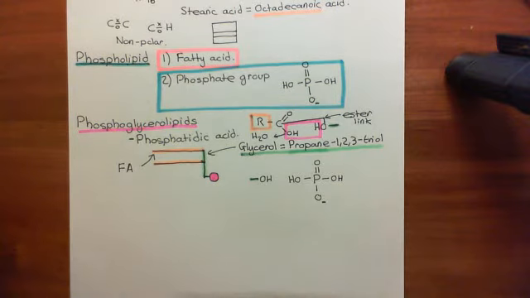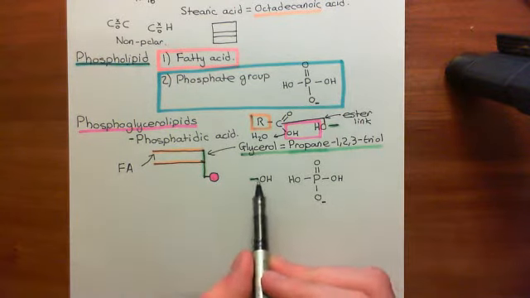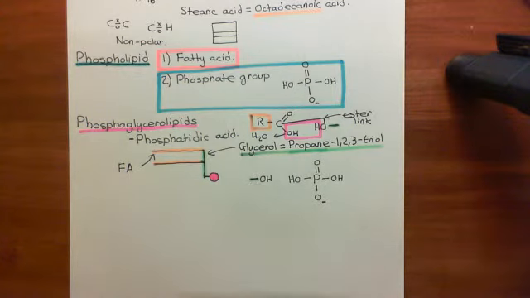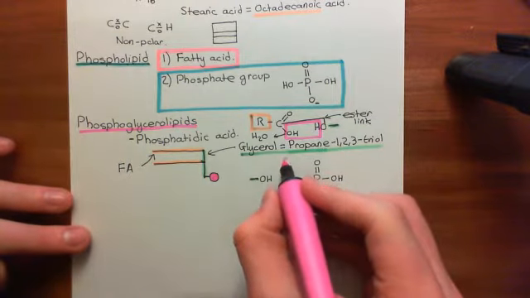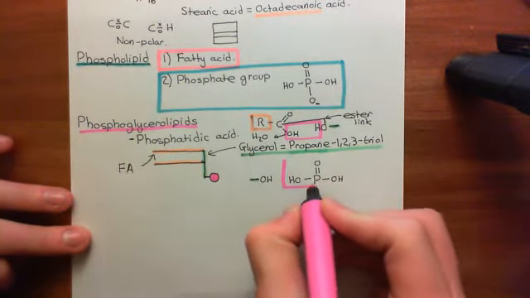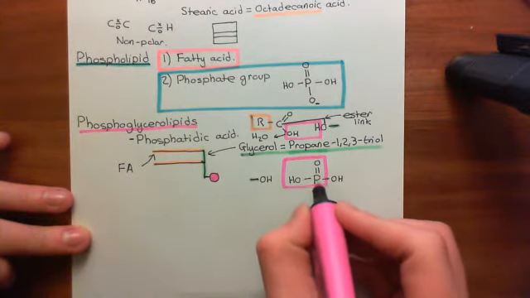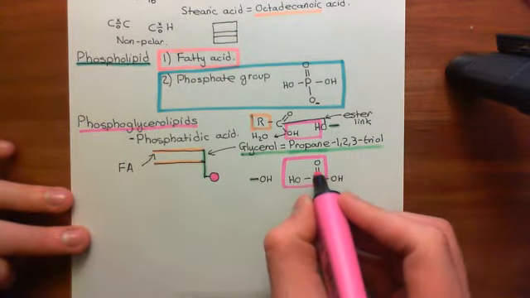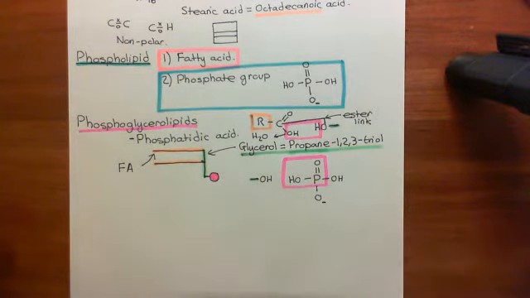How do we attach this phosphate group onto the alcohol group of the third carbon of the glycerol molecule? Actually, it's extremely similar to the esterification reaction up here. If we look at this group that I am circling in pink, it contains a phosphorus atom double bonded to an oxygen atom with an alcohol group coming off it.